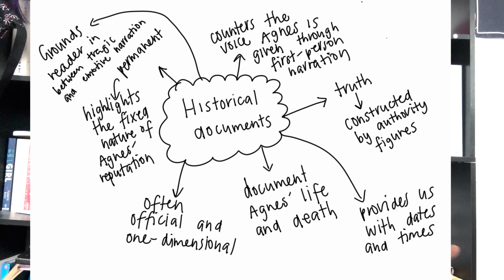So first and foremost, the historical documents allow Agnes's life and death to be documented. So we see through many of the different historical documents that there are public notices, there are transcripts from the trials, there are statements regarding the acts that are going to be used, but we also see information about Agnes's earlier life, and these pieces of information really help us to see her life in the way that it was documented.